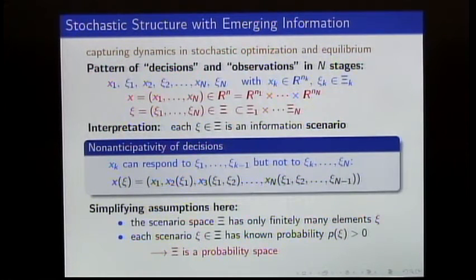Now I want to think of x as a vector giving all these decisions. And I want to think of C as a vector giving all these observations. The observations are elements of a set C_k at stage k. Then the observations I have will be elements of the product set.